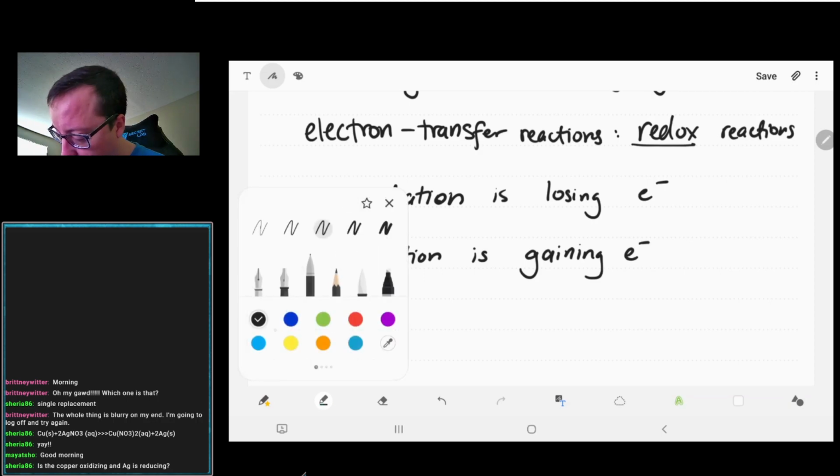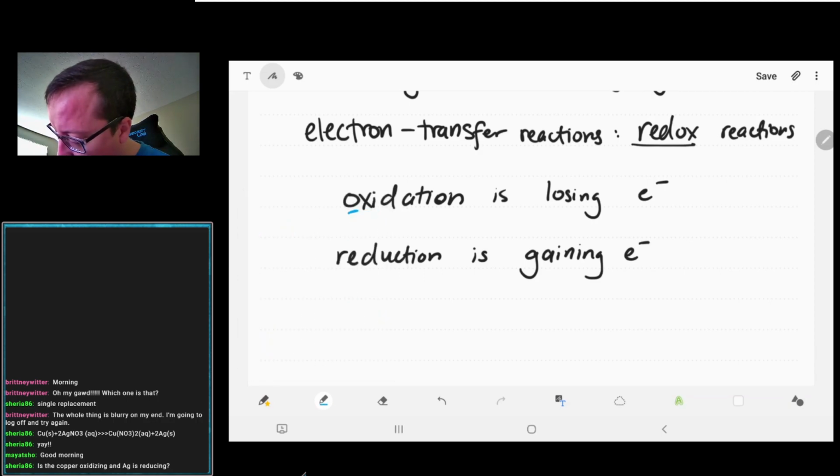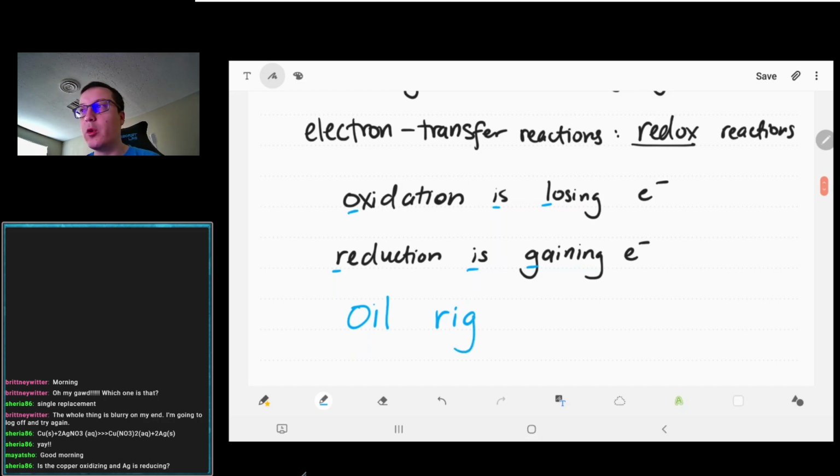If we take the first letter of all of these, we get a mnemonic, OIL RIG, which will help us remember what oxidation is and what reduction is. Oxidation is losing electrons, that's OIL, and reduction is gaining electrons, that's RIG.